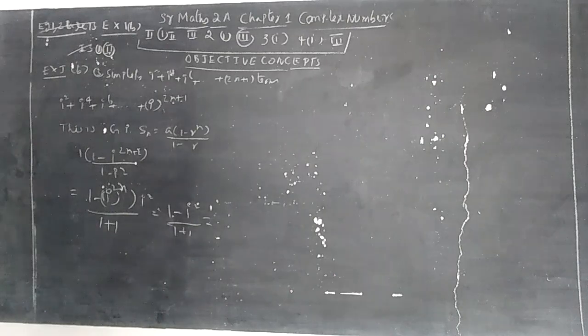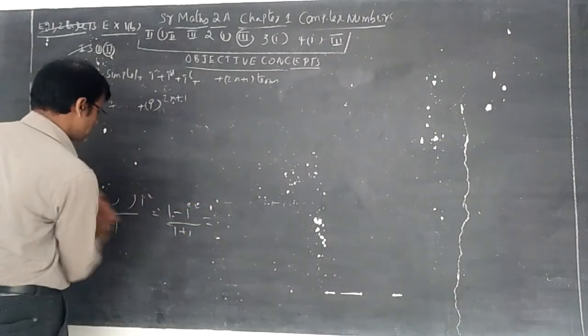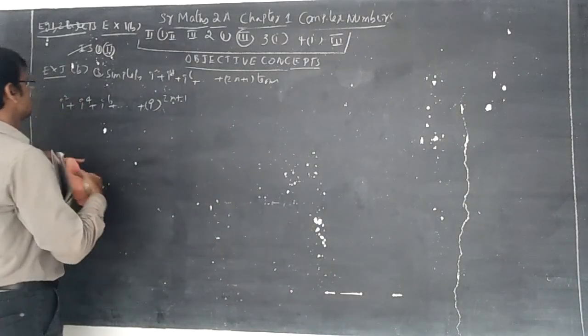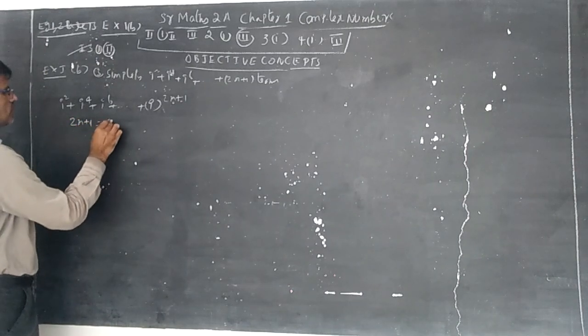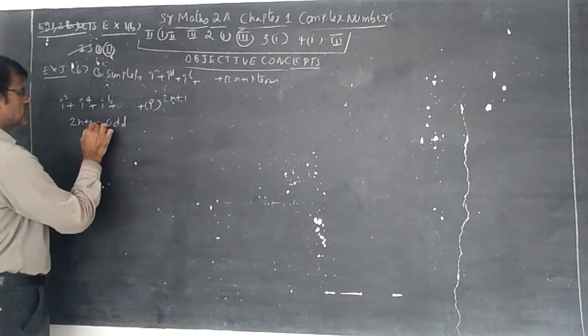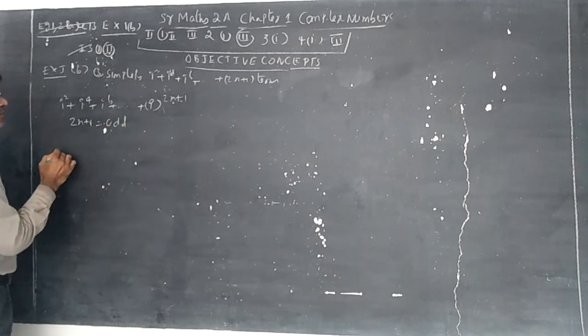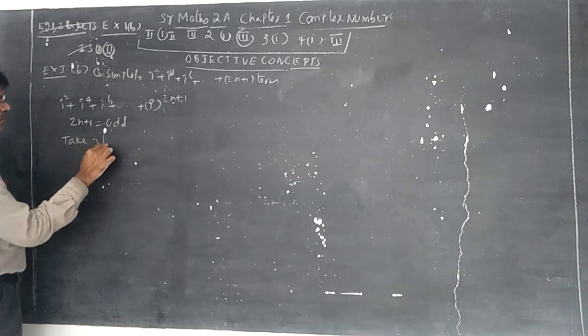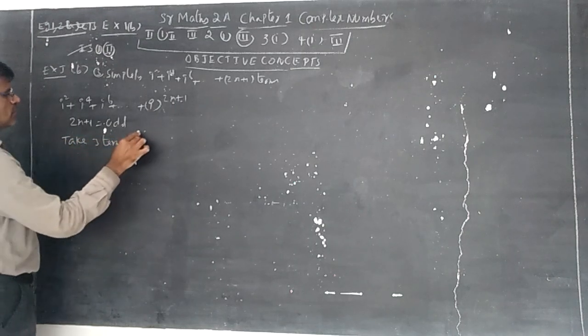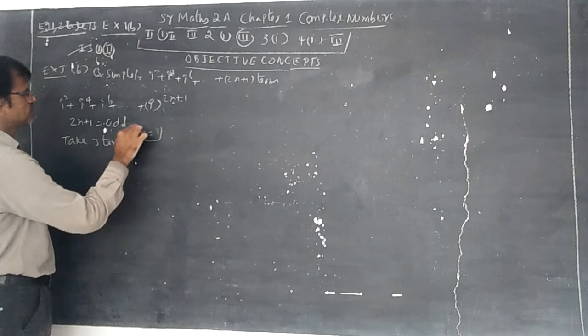So let us discuss a shortcut. It is better to take odd. Simply 2n plus 1 is equal to odd. For objective model only, take 3 steps. That is n is equal to 1.